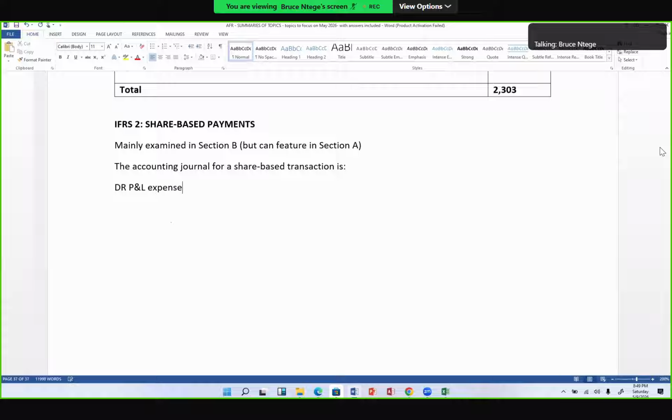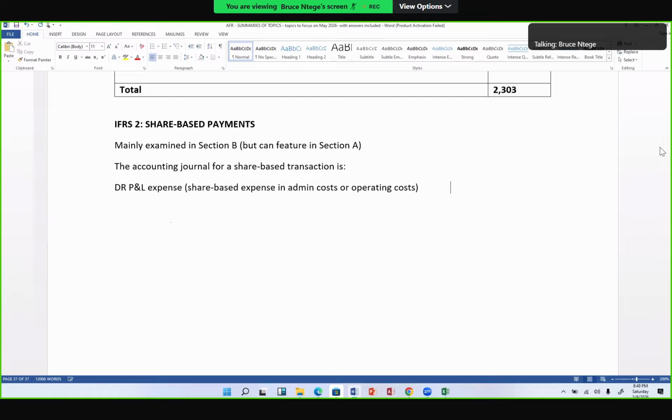That expense can be in the administration costs or in other operating costs, but it is a share-based expense.